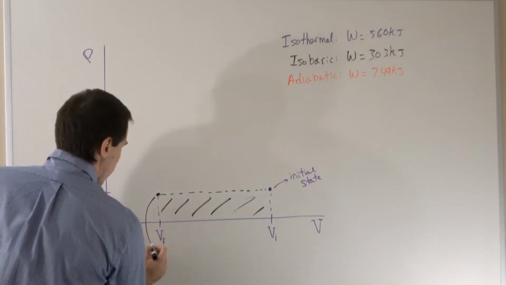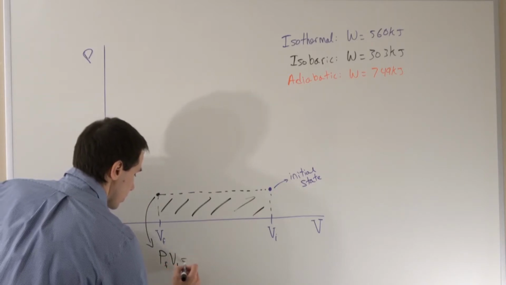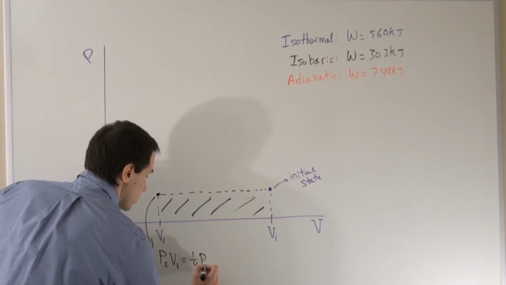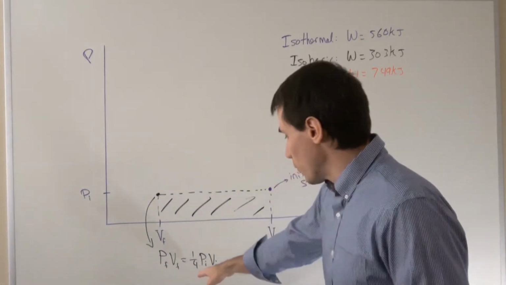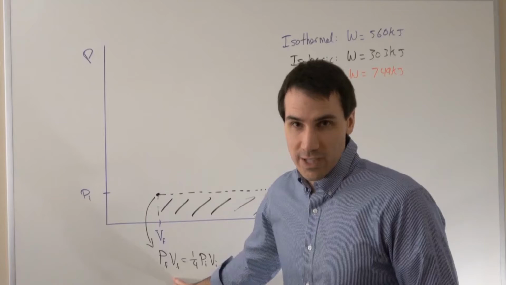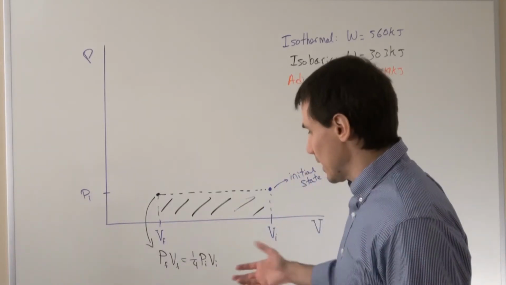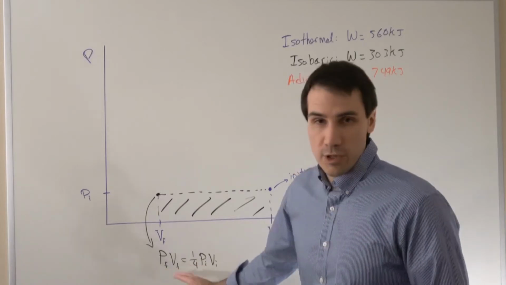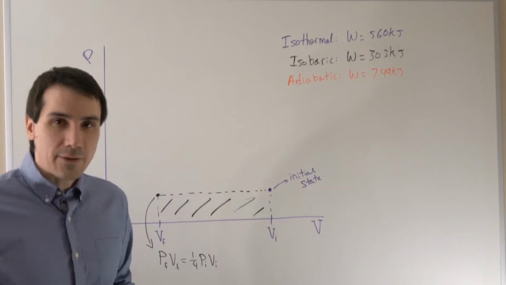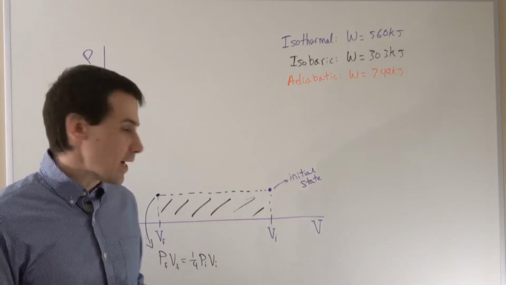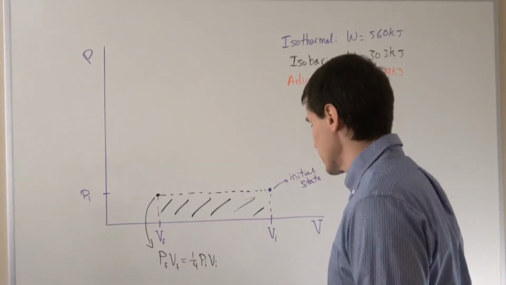So if I look at this point, our final pressure times volume value is 1/4 of our initial pressure times volume value, because our pressure hasn't changed, but our volume has dropped from 4 to 1, so it's 1/4 as large. Now let's use the ideal gas law to figure out how the temperature of the gas changed as it was compressed.